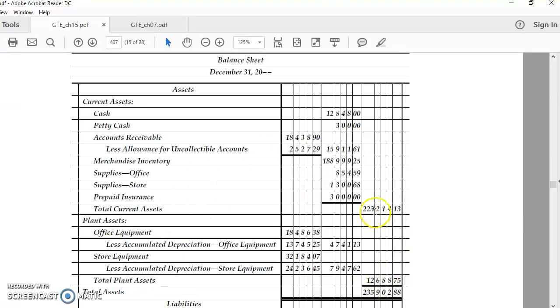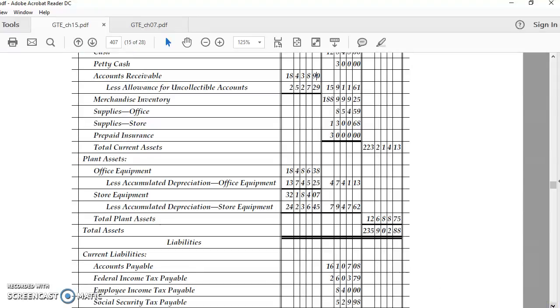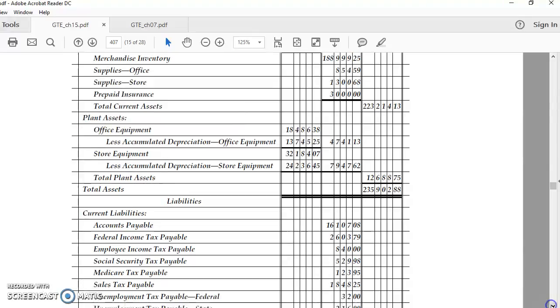We're going to add $223,000 total to the $12,000 total to get $235,902.88. Now you're going to double roll here, and we're not equaling yet, but to show that we are finally done with the asset section of this balance sheet.